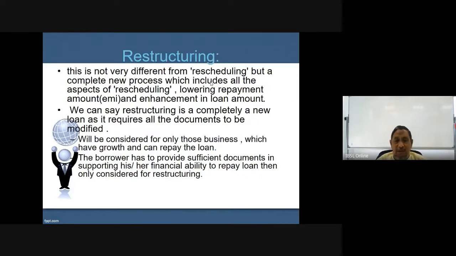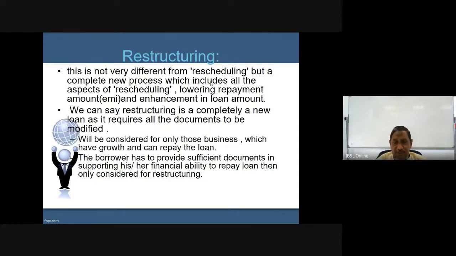But in complex situations, rescheduling is not enough, it's not sufficient. We have to go further with changes. This is called restructuring.